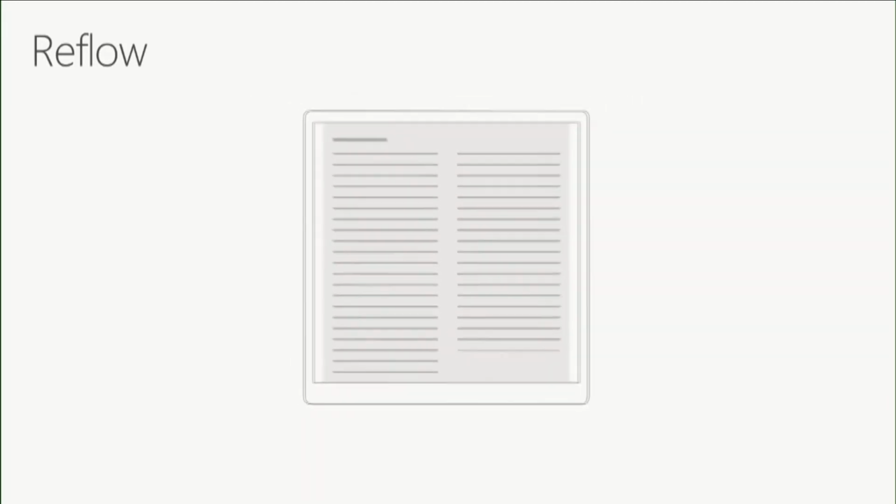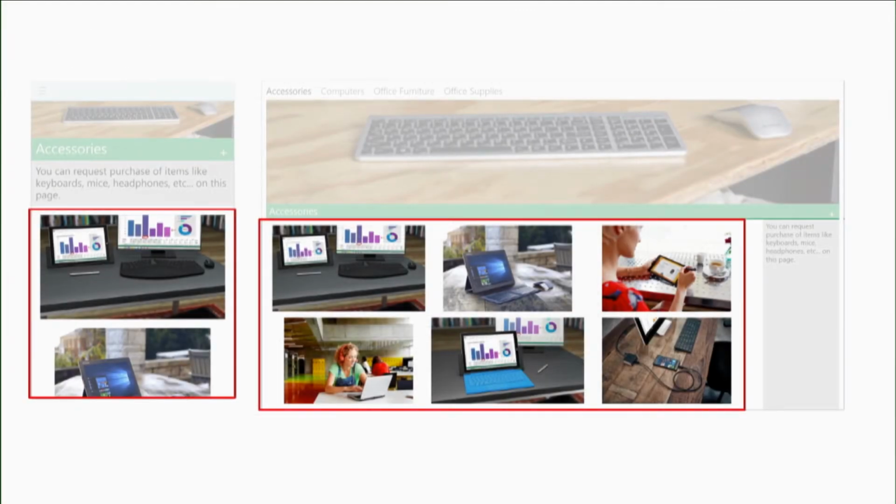So if I'm on a smaller screen, I'd probably want to see a single column of content and a smaller content frame. When I'm on a larger screen, in this example, I can actually reflow to have multiple columns of content. In the sample that I showed you, this is represented by the column of photographs that I have over here. On the smaller screen, my photographs are all aligned in a single column. On a larger screen, they actually take a grid-like view to take advantage of the screen.